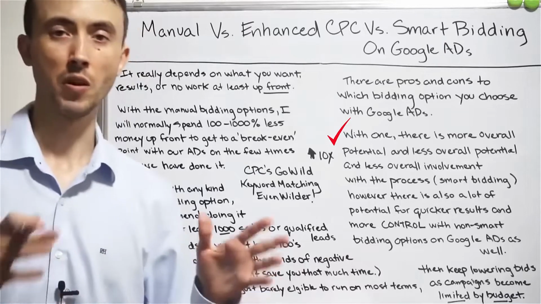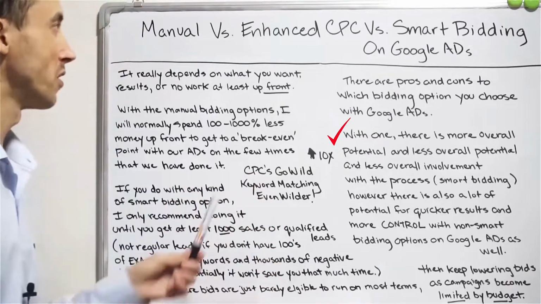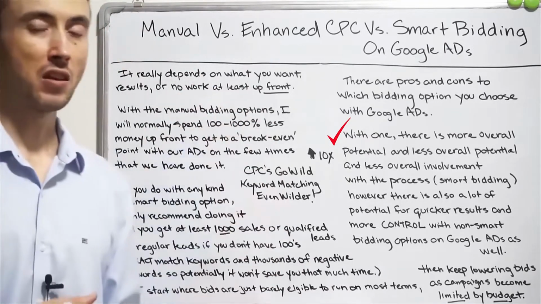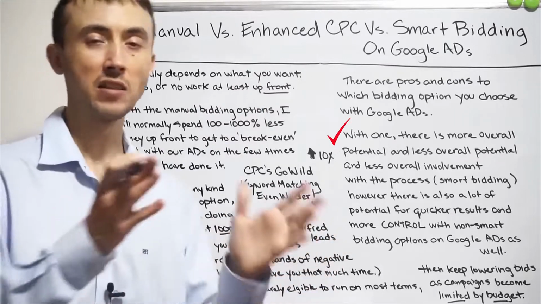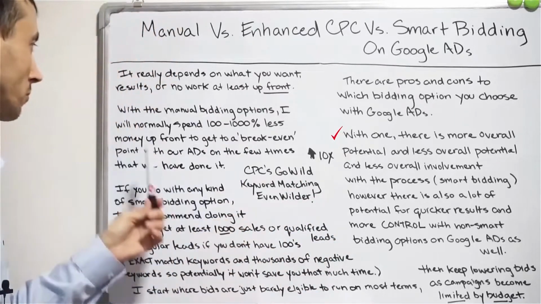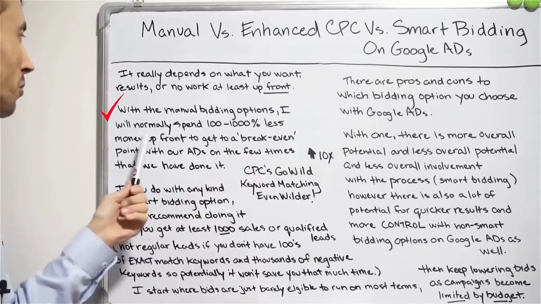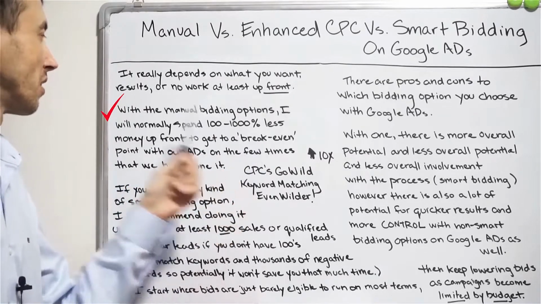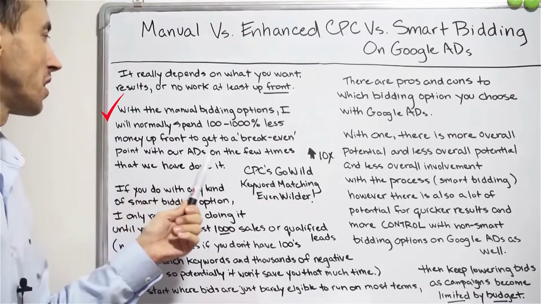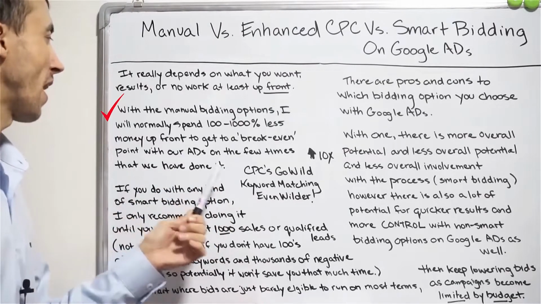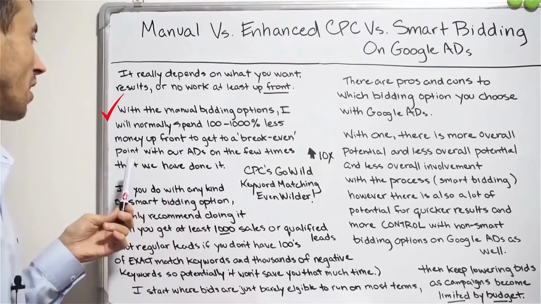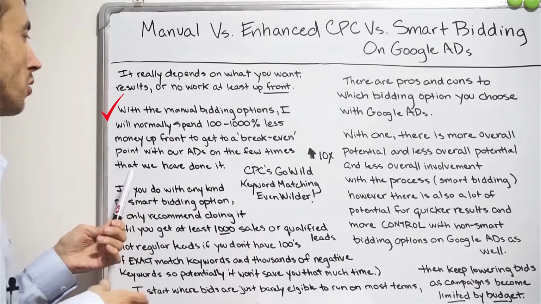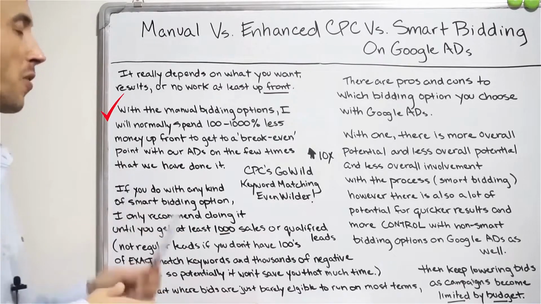That is the long story short to all this. If you use manual bidding, there's more work, but you're going to have less loss up front. With manual bidding options, I will normally spend 100 to 1,000% less money up front to get to a break-even point with our ads, as compared to using smart bidding for the few that we have done it.